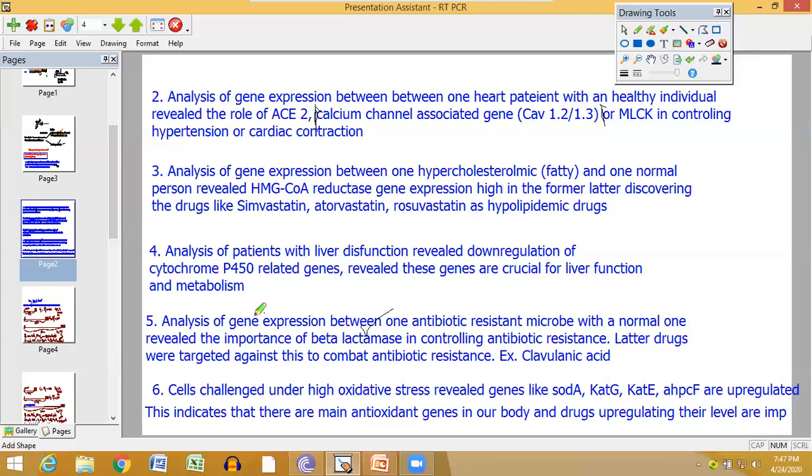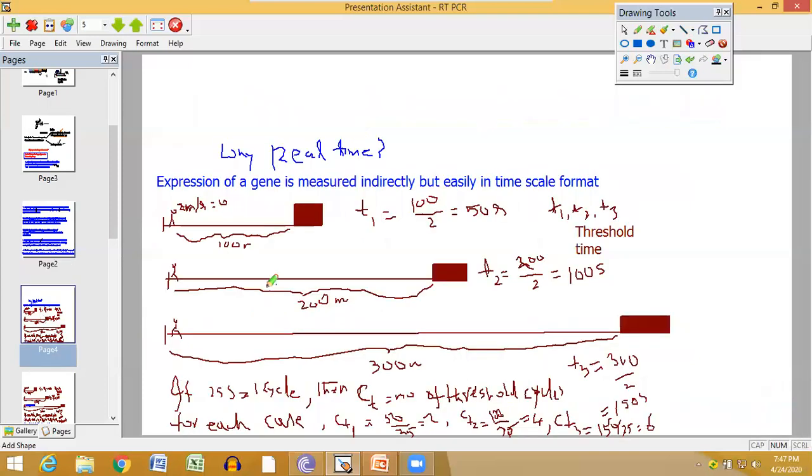Now you come to the next part of our presentation, that is why real time. We are measuring the gene expression in a quantitative fashion, so we want to measure some gene amount. So why is it called real time, not real amount? I have given one example to show you why it is called real time.